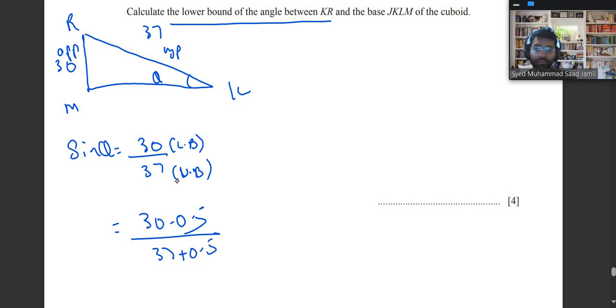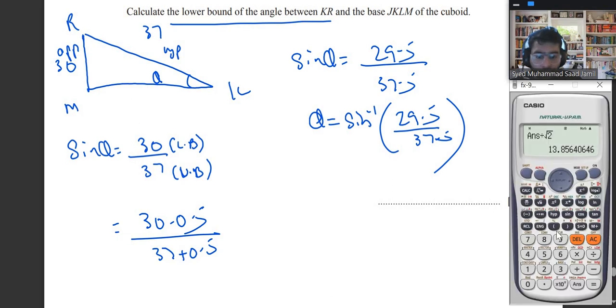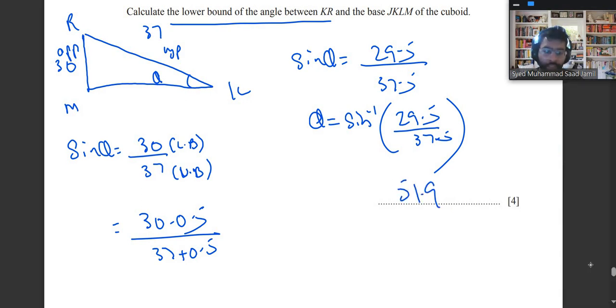So sine theta equals 29.5 upon 37.5. Theta equals sine inverse of 29.5 upon 37.5. So the answer is 51.87, which means 51.9.